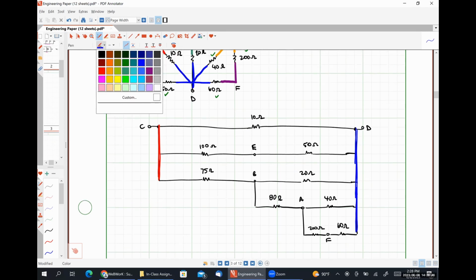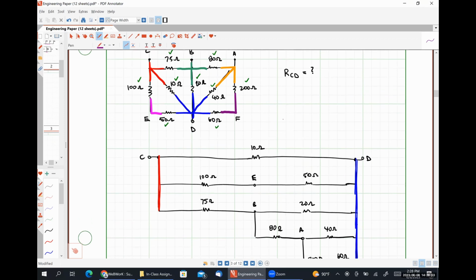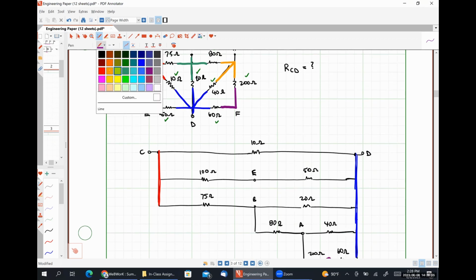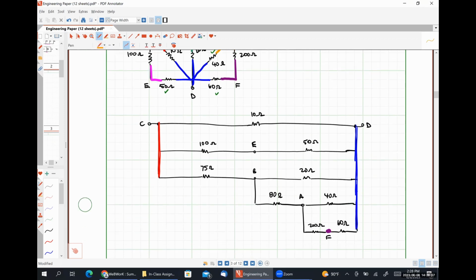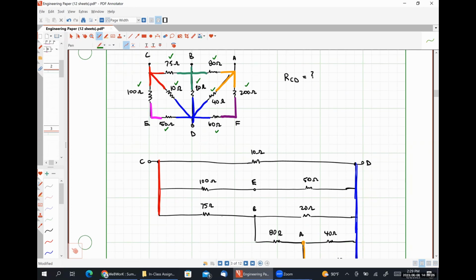F is in purple. A was in orange. B was in green. And E was in pink.